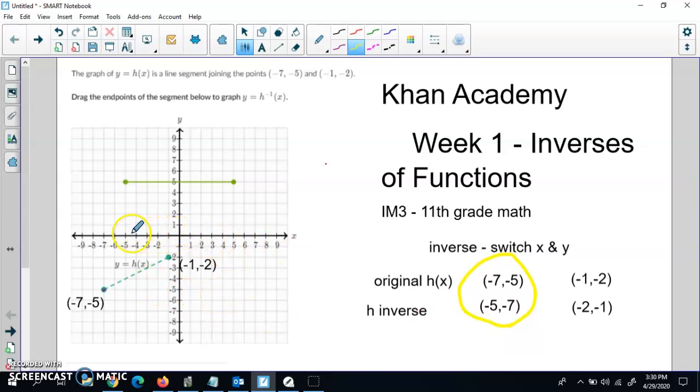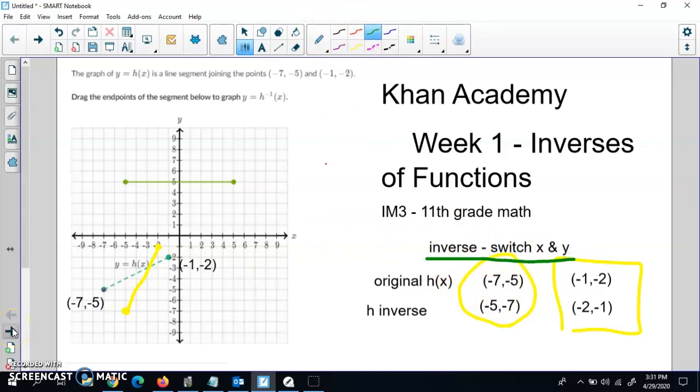Instead of going -7, we go -5 and then down -7. We put a point. Then we do the same thing with our next point. We just switch it. So -1, -2 is now -2, -1, and our line goes between those 2 points. That's the idea. When you take the inverse, all you're doing is switching the X and the Y.